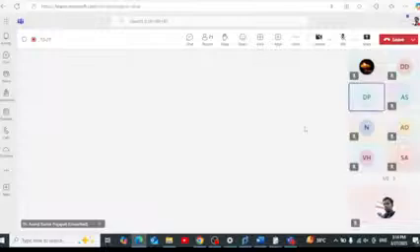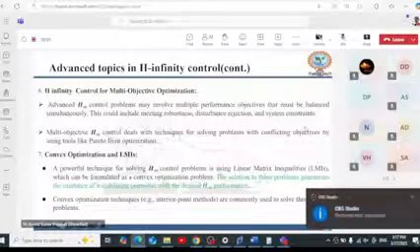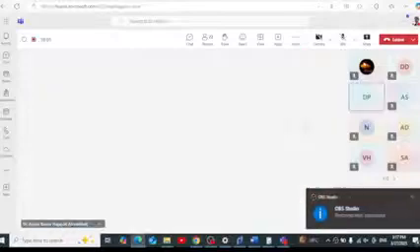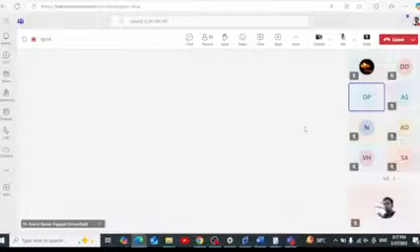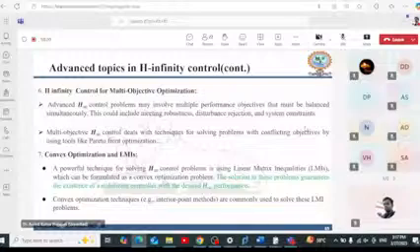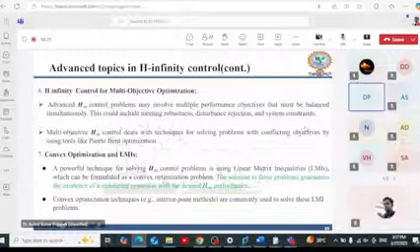The H infinity control problem can be formulated using LMIs, as a problem of the gain performance.